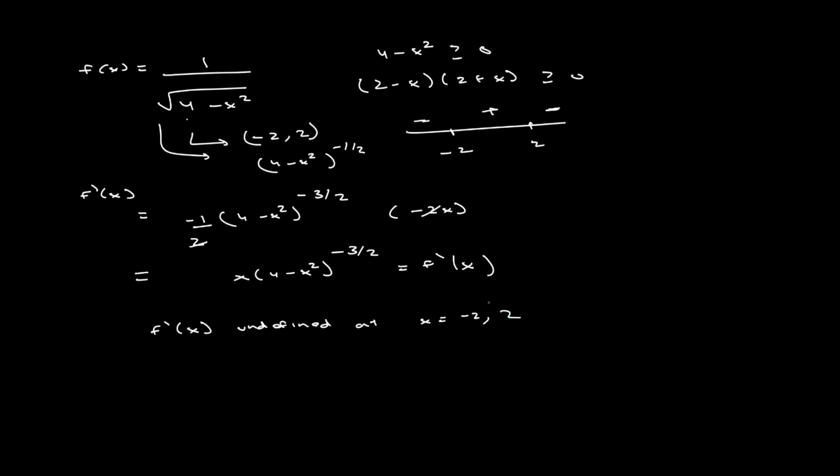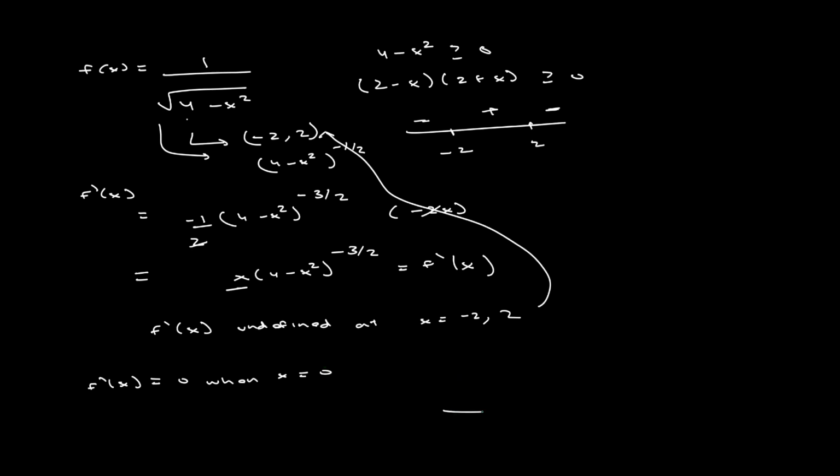But these 2 points are not in our domain, so we ignore it. And f prime of x is equal to 0 when clearly x is equal to 0, right? So it turns out that our only critical point in this case is x equals 0. So that's our only candidate.